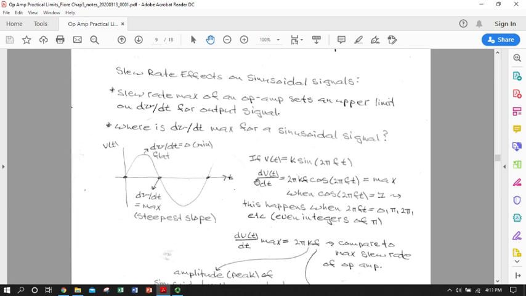That's how fast the voltage signal is changing with time. And notice it's not constant. So at t equals 0, it's actually changing the fastest, and at t equals any multiple of pi, it's going to be changing the slowest. So our maximum comes when this cosine term is equal to 1.